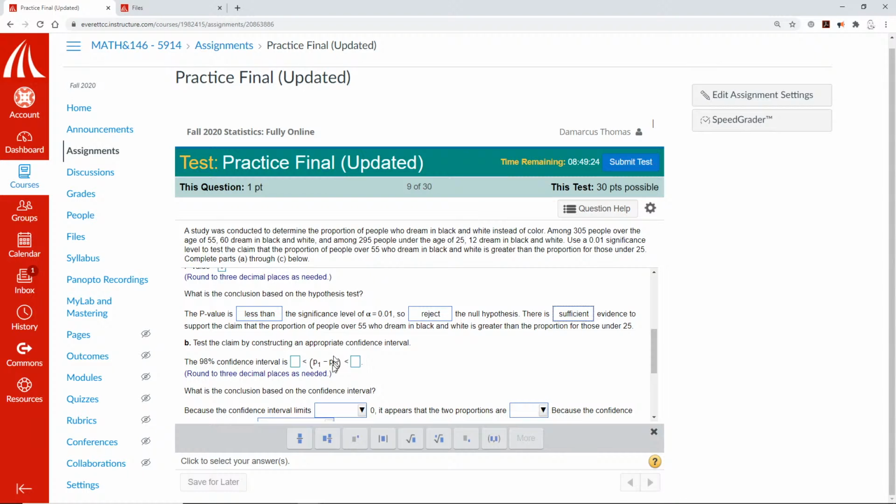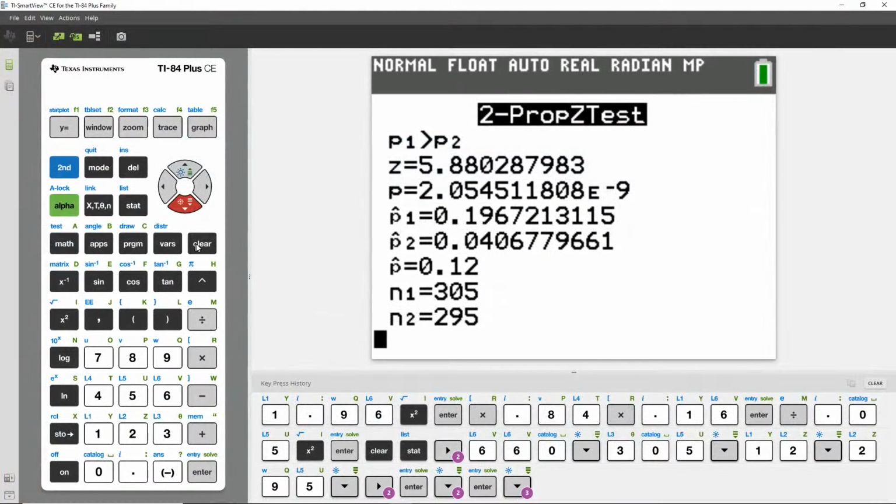Between what two numbers would it lie? Basically we want an interval that does not contain 0. Because if we get an interval that goes from -1 to 1, that means the difference could potentially be 0. We know that the difference is not going to be anywhere close to 0. So they do want us to back up our results with a confidence interval. That's not going to be too difficult to do.